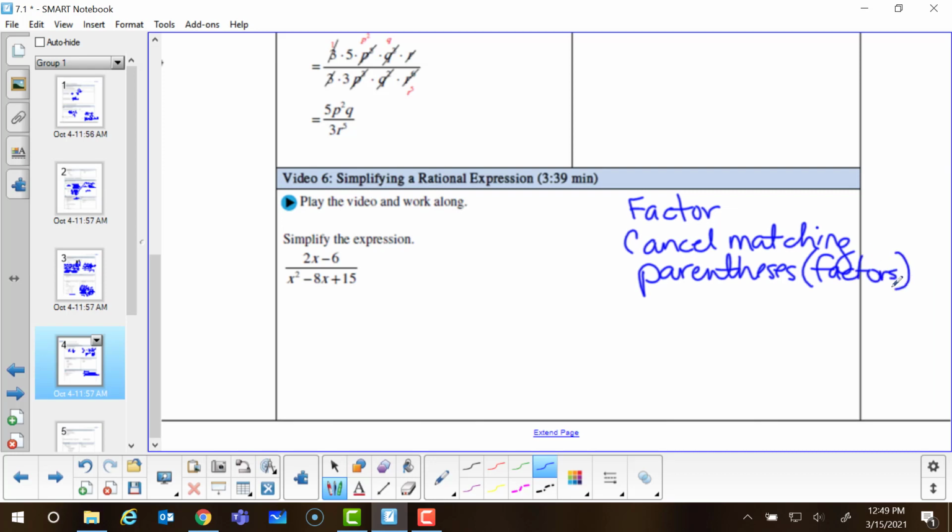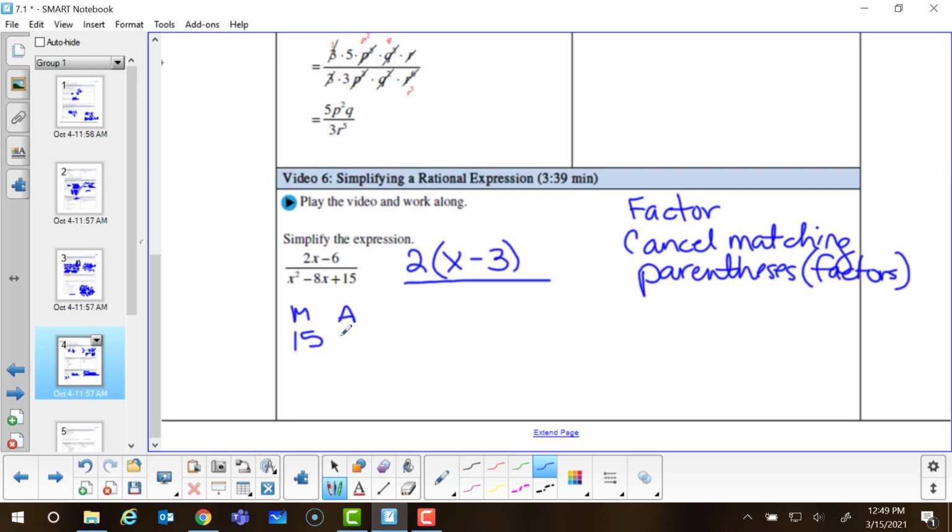So let's factor the top. In the top, remember, go through your checklist when you are factoring. Look for a greatest common factor first. So I can take a 2 out of 2x minus 6. So I'm going to take a 2. I'm going to have an x minus 3 left. And then on the bottom, I've got a polynomial. Looks like it's a 3-term, and it's got a 1x squared. So I want to multiply to get that last term.